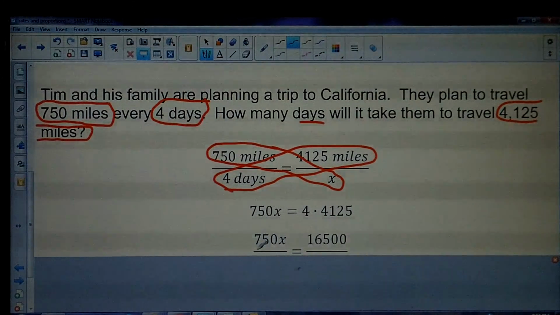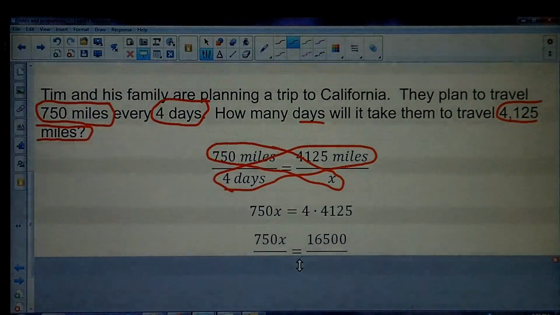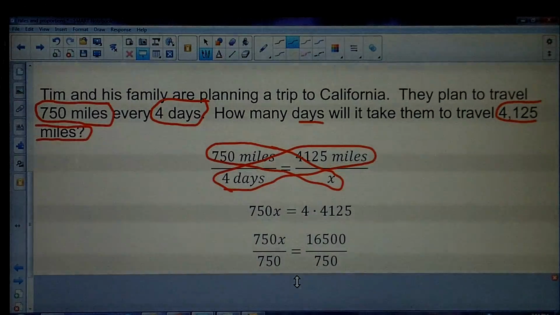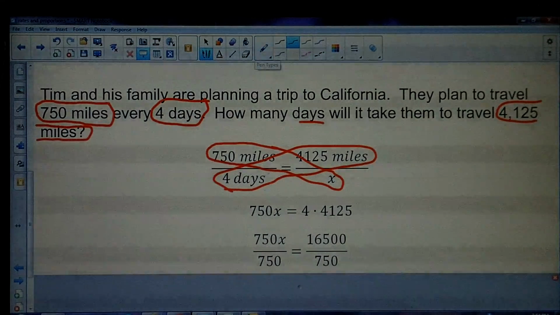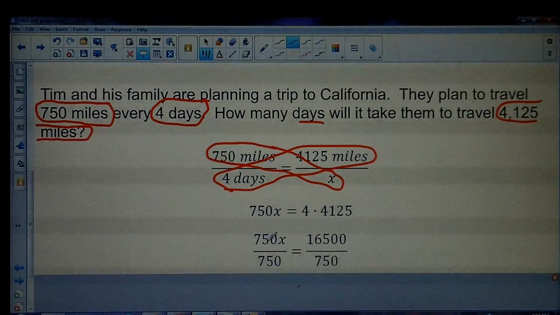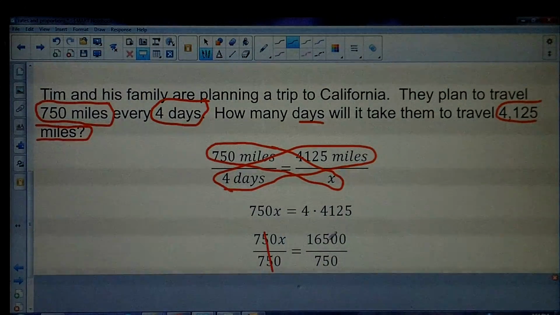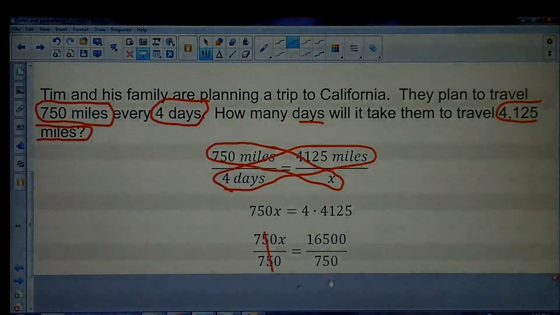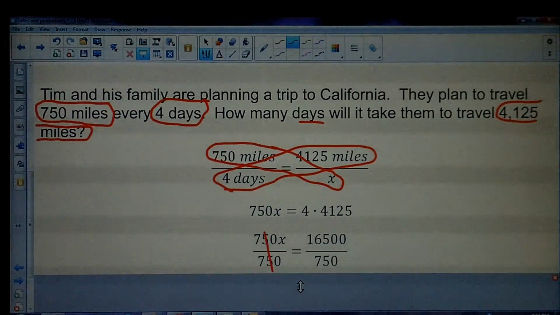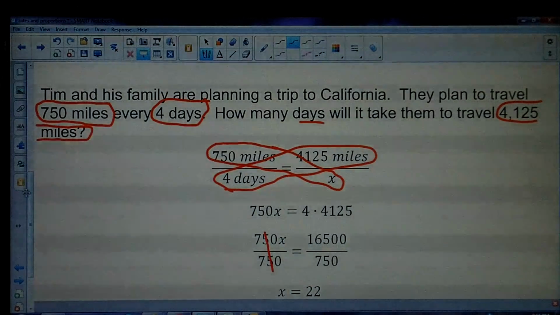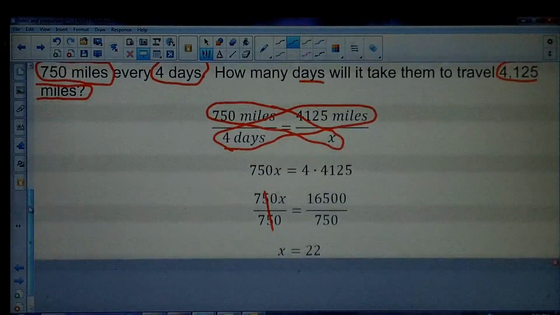So the opposite of multiplying is dividing. And I'm going to divide both sides by 750. Stick that in your calculator. Remember, 750 divided by 750 is 1, so they cancel out. I'm left with just x. 16,500 divided by 750, put that in your calculator, and you should get x equals 22.